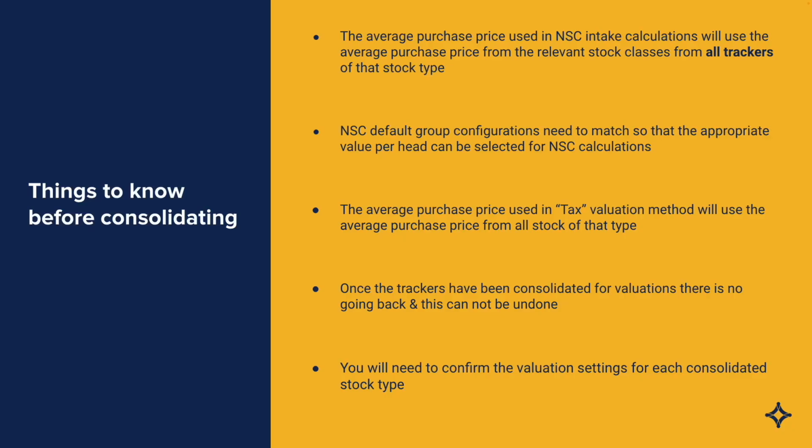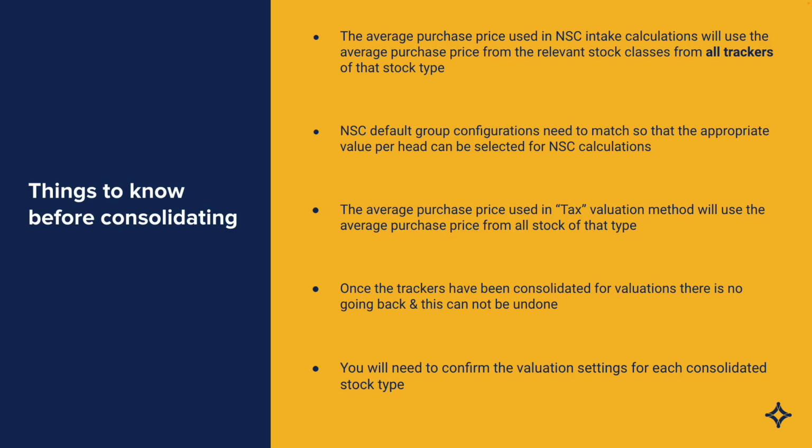New Zealand files using NSC valuations will need to be aware that moving forward, the average purchase price used in NSC intake calculations will use the average purchase price from the relevant stock classes from all trackers of that stock type. You will also need to ensure that the NSC default grouping matches across all of the trackers that you intend to consolidate before consolidating the valuations.